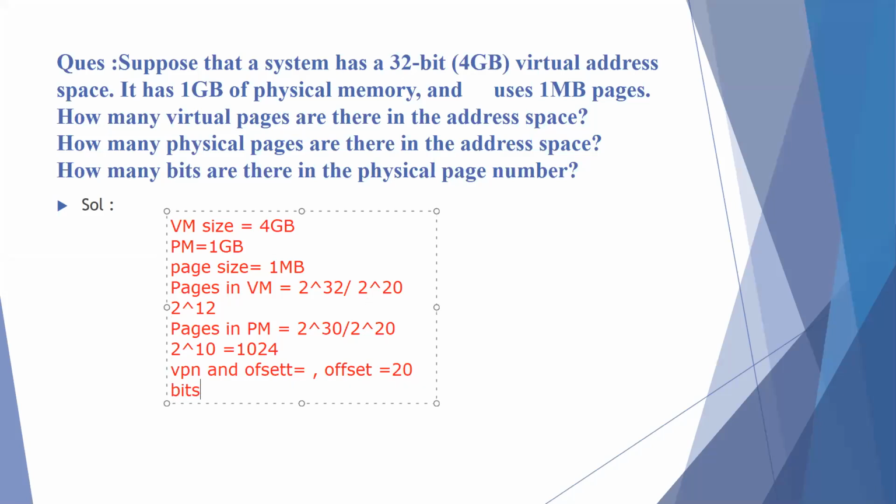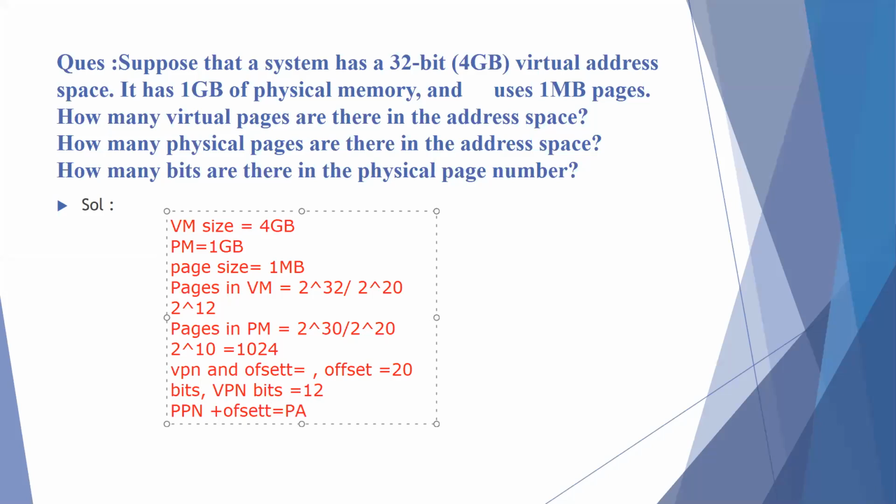Now, offset plus virtual page number gives you the virtual address size. The virtual address is 32, so how many bits is the VPN? 12. And PPN plus offset gives you the physical address.